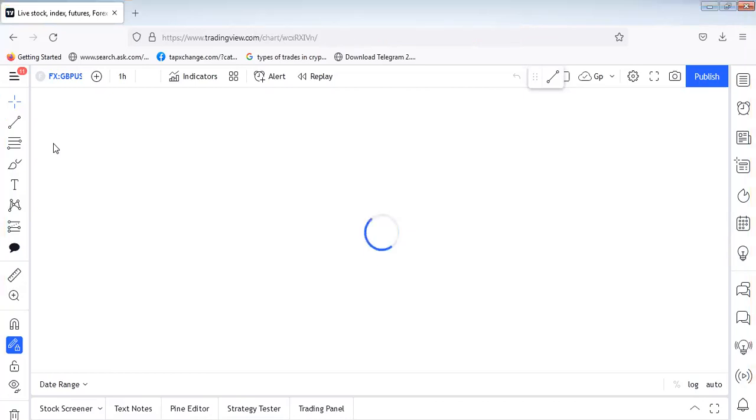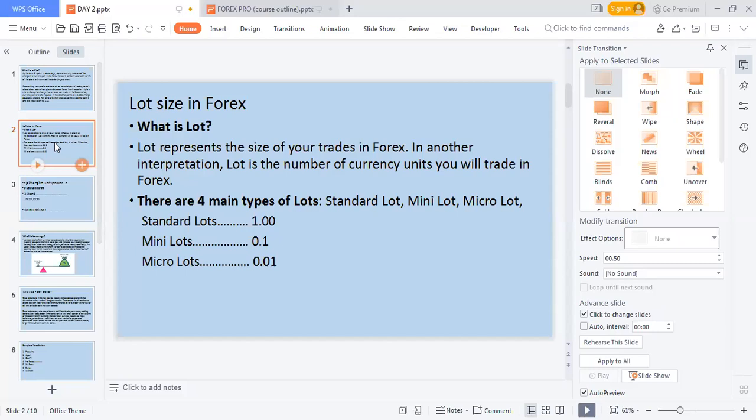The next one I'd like to talk about here is lot size. Lot size represents the size of the trade in forex. In another interpretation, lot is the number of currency units you will trade in forex. There are actually types of lots: the standard lot, the mini lot, and the micro lot.